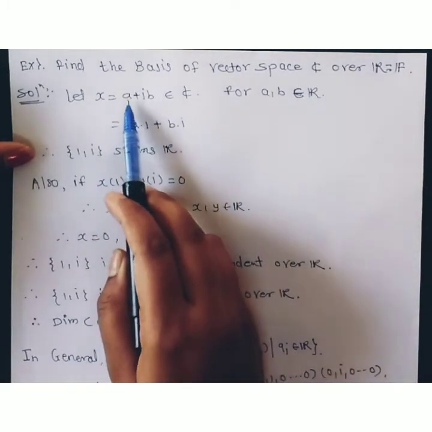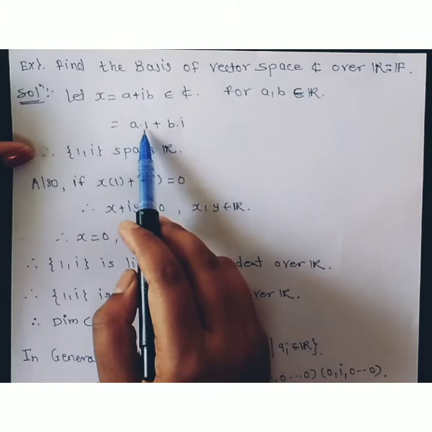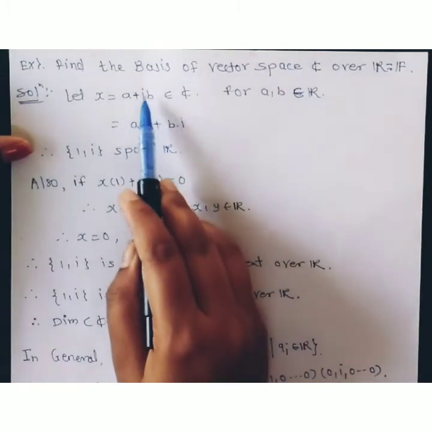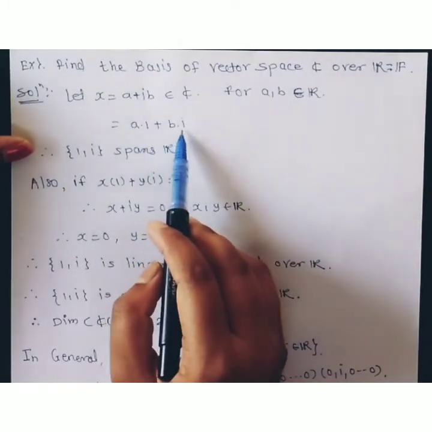So a can be written as a into 1, and b can be written as b into i.